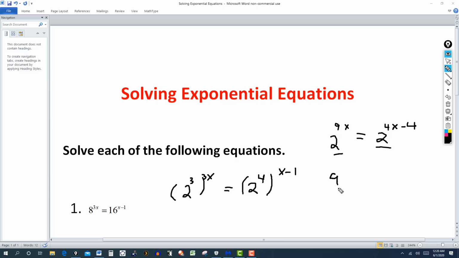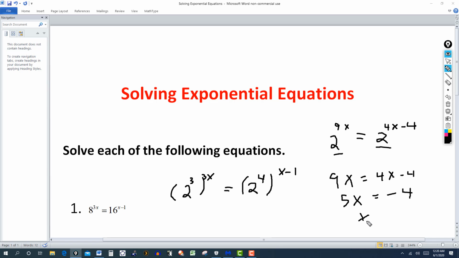So this would be 9x equals 4x minus 4. And then solving for x here, subtract 4x from both sides, I get 5x is equal to minus 4. And then I want to solve for x, so I divide by 5.